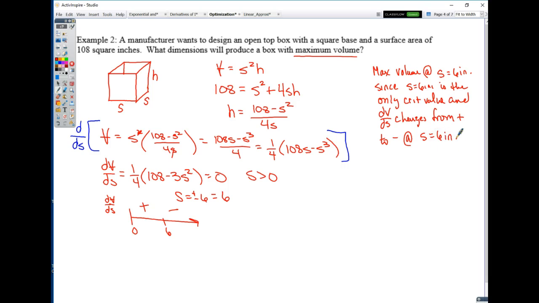Again, in your statement, I have to tell you that it's the only crit value. I have to tell you that it changes from positive to negative for this to be a max volume.